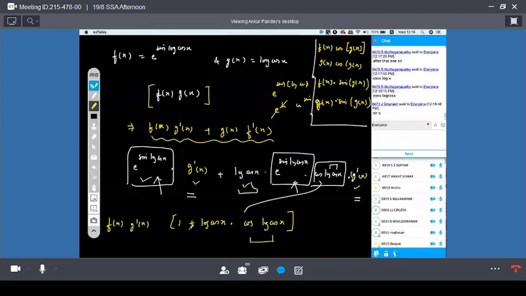So now the answer is f of x into g of x, 1 plus g of x into cosine of g of x. You know?